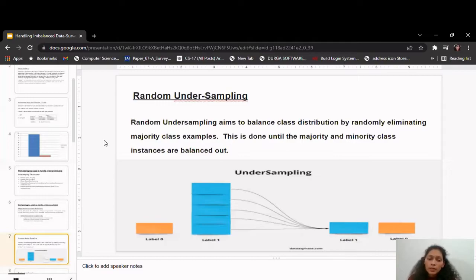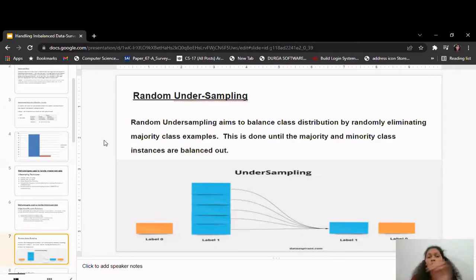So in the undersampling, what we do, if suppose we have 2000 records in class A and just 100 records in class B. So we are going to undersample the majority class, that was class A, and we are going to take some 100 records from class A and leave the rest of the records.